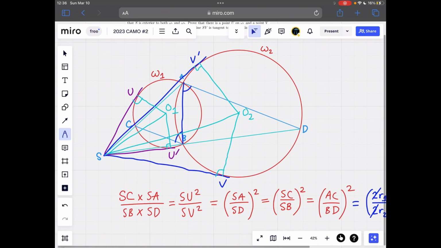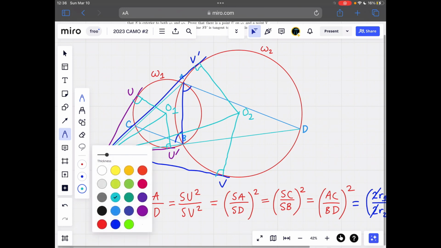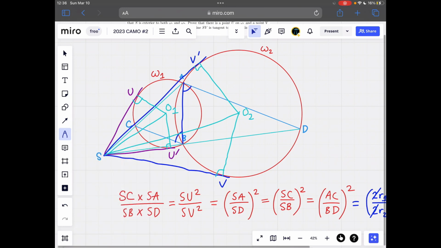Now, if you look for a moment, what else is true about this configuration? Well, we have that S is the unique spiral center that sends segment UU prime to segment VV prime. And that spiral center is none other than the Miquel point of quadrilateral UU prime VV prime.